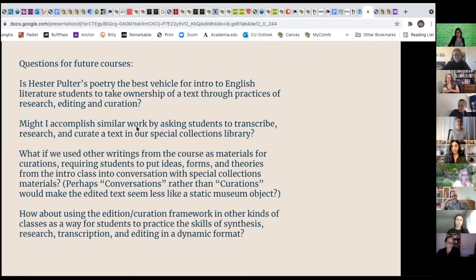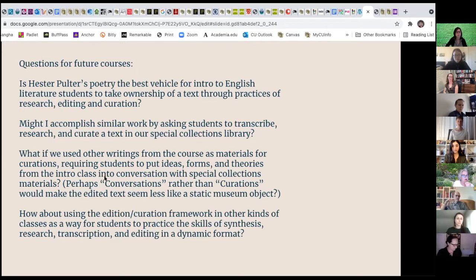And I asked this because I wondered whether I could accomplish similar work by asking students to transcribe, research, and curate a text from our special collections library, which I think would be perhaps a powerful way of doing another piece of this, which is actually bringing them in physical contact with texts from the past, and especially texts that they can visit again and again in a physical way.